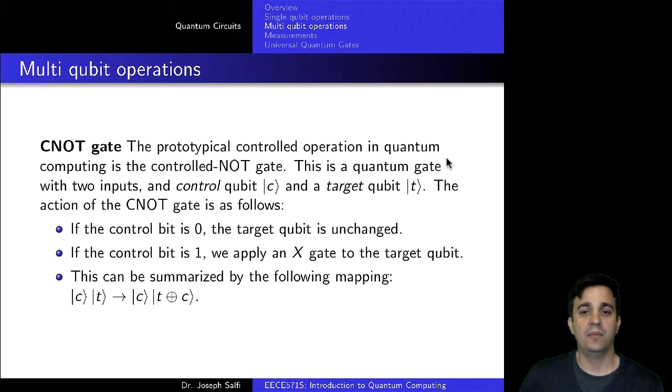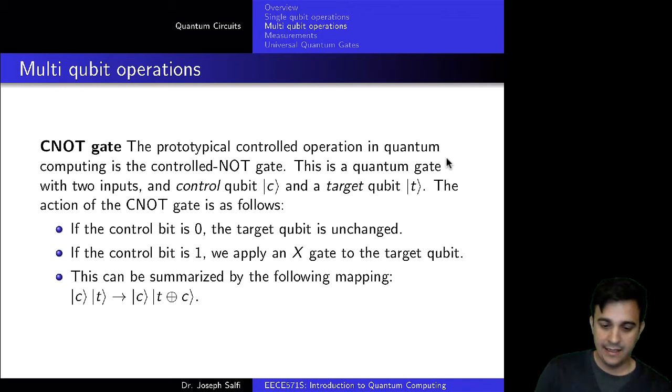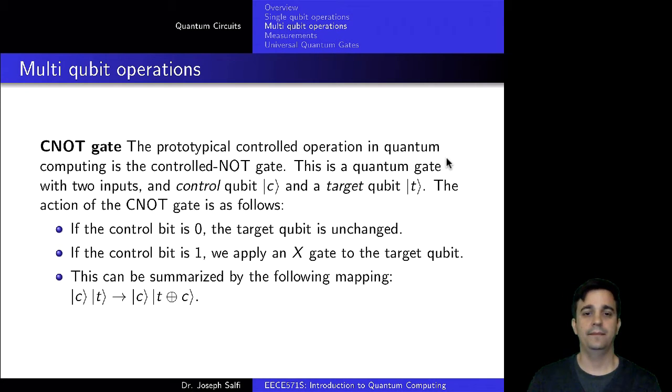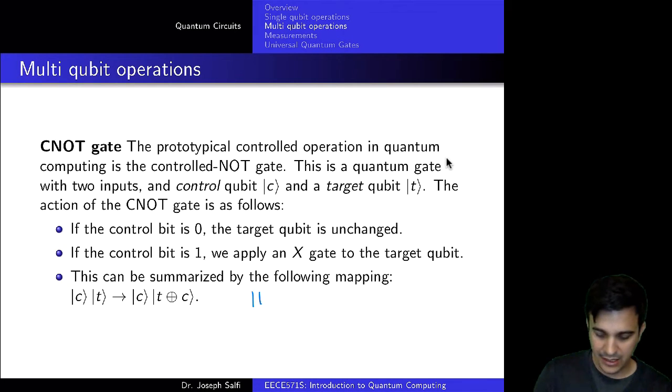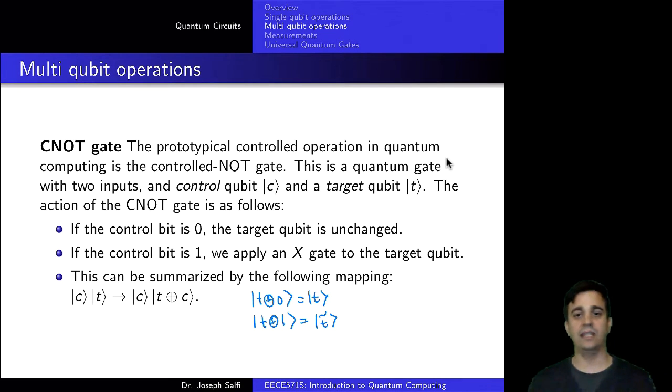This can be summarized by the following mapping, that C tensor T maps to C tensor a bit, which is the exclusive OR of T and C. Because if the control bit is 0, T XOR 0 is equal to T, and T XOR 1 is equal to the inverse of T.